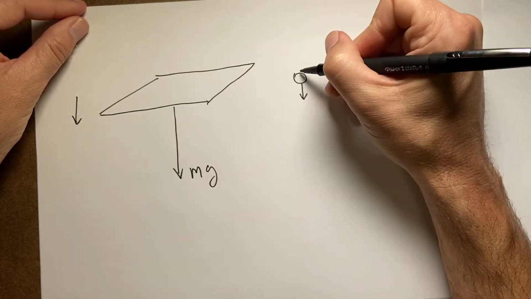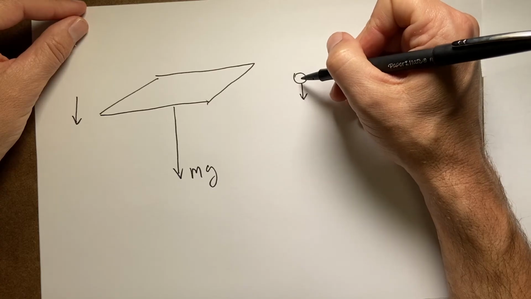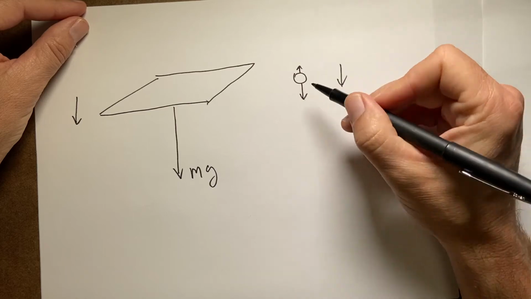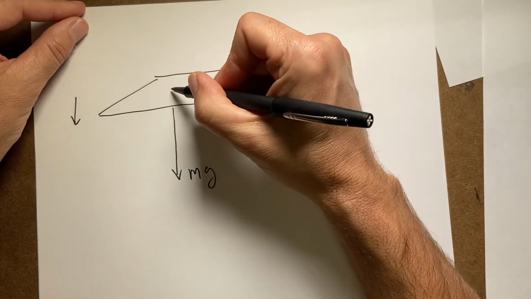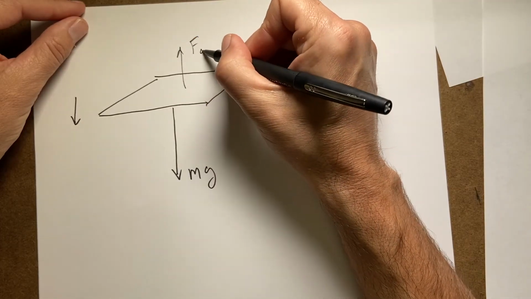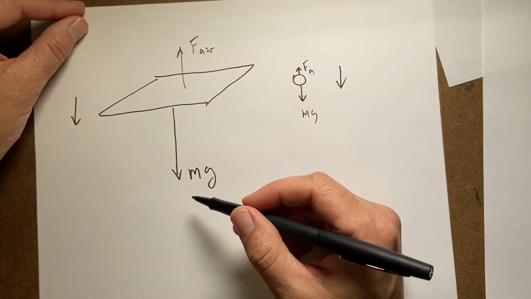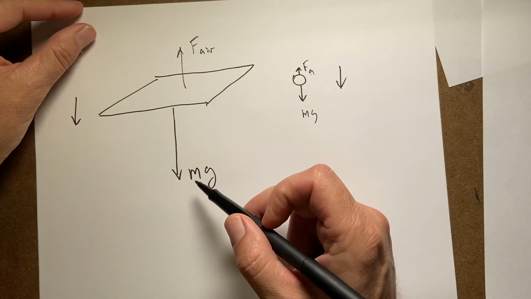But they both also have air resistance. So as they move through the air, it pushes back in the opposite direction. So this one has mg and a very small F air. This one has such a large area that it has a significant air resistance force. So in this case, the net force downward is not as great.